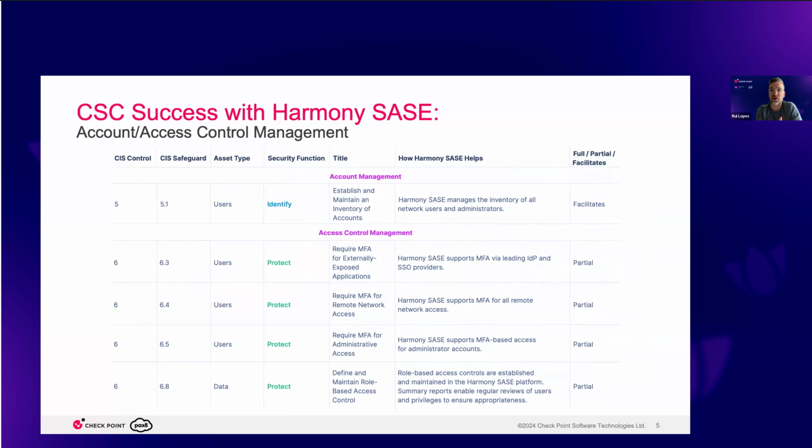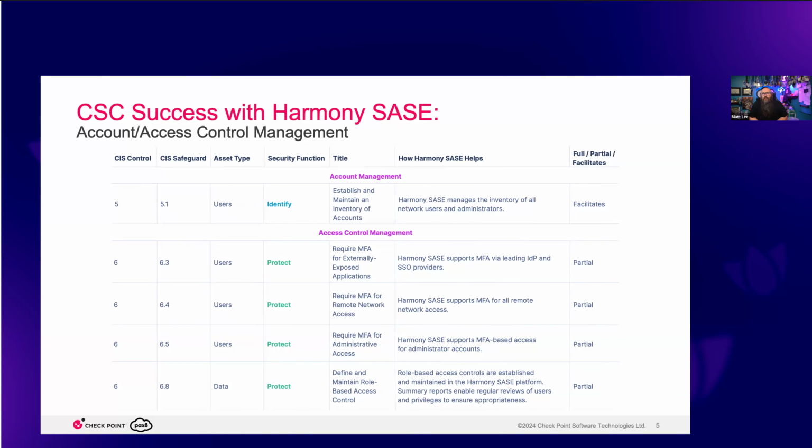But we know that we're replacing something. What we're replacing is, if not hardware-centric, when we think about legacy VPN, at least a site-centric approach of that combination of cloud and connectivity. And that's why we are so focused on user and identity.